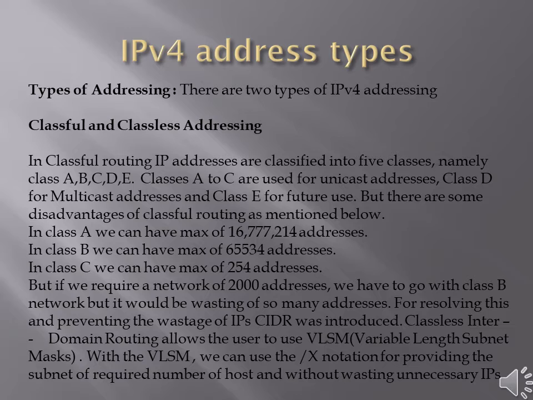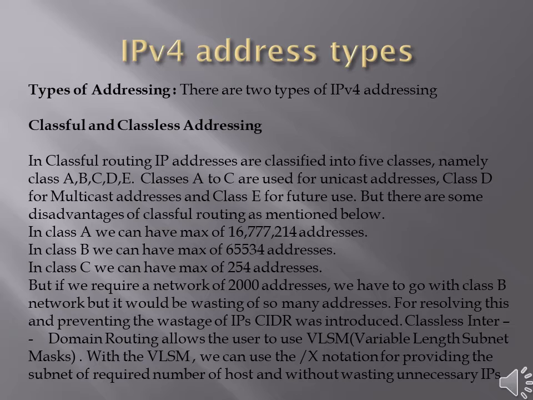As you can see, in class A we can have a maximum of 16,777,214 addresses. In class B we can have a maximum of 65534 addresses. In class C we can have a maximum of 254 addresses. Class C contains the least number of addresses and class A the maximum.